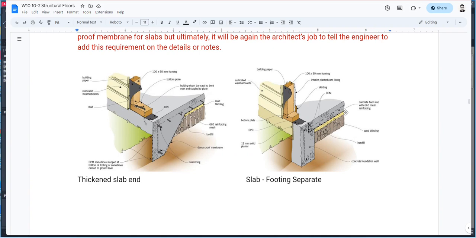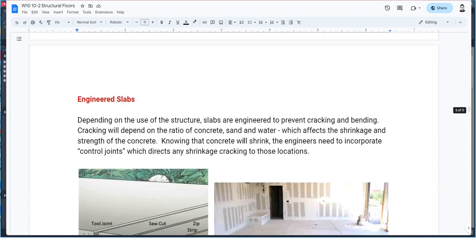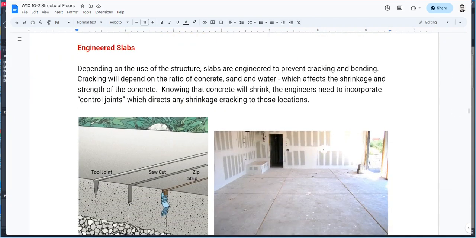And here the membrane only is under the slab, and then there's a connection here. So that's two ways of doing the slab. Slabs are engineered, so the engineer thinks of what happens on concrete: concrete when wet is basically expanded, and after a few days, it'll start to cure, dry up.